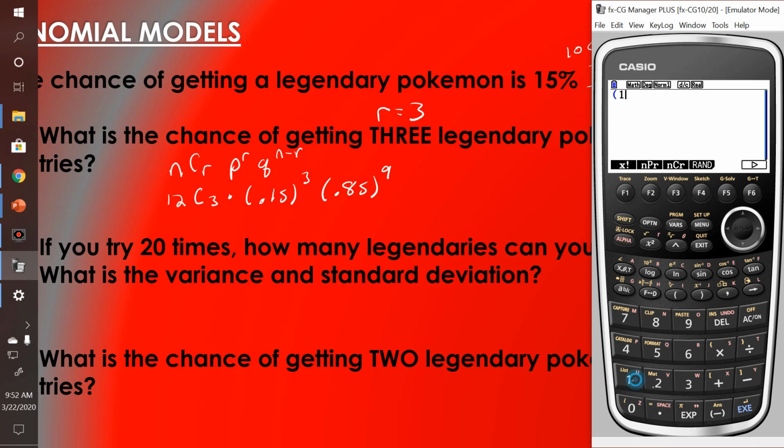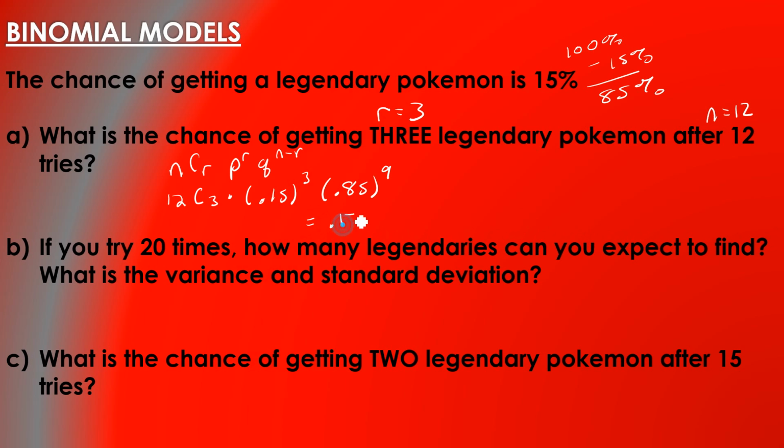So I want 12, and of those 12, 3 of them will be a success, times 0.15 to the third, and then 0.85 to the 9th. Put that in. And 0.17, or a 17% chance that that happens.